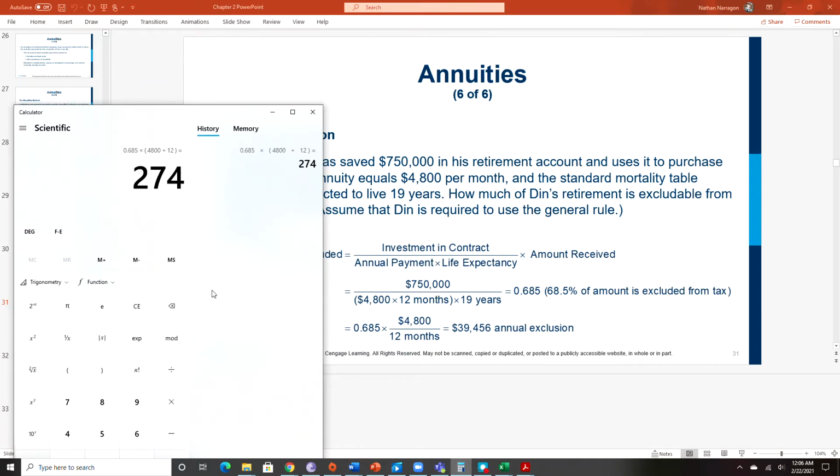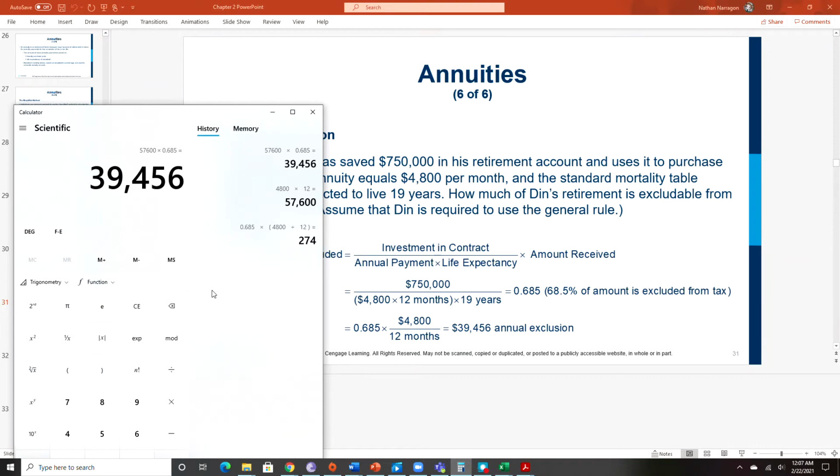Yeah, that's a good question. It's probably going to be 4,800 times 12 times 0.685. Yeah, there you go. They messed up on the formula. That's supposed to be multiplication and not division. See, this is when you kind of know math.